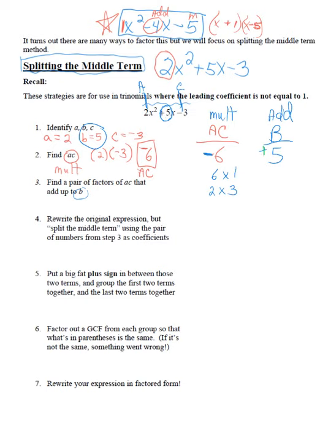And in the end, it's got to add to be a positive. That means the plus sign goes on the big number. So therefore, if I had a plus over here and a minus over here, or if I had a plus over here and a minus over here, this one is the one that gives me the plus 5. This one gives me plus 1.